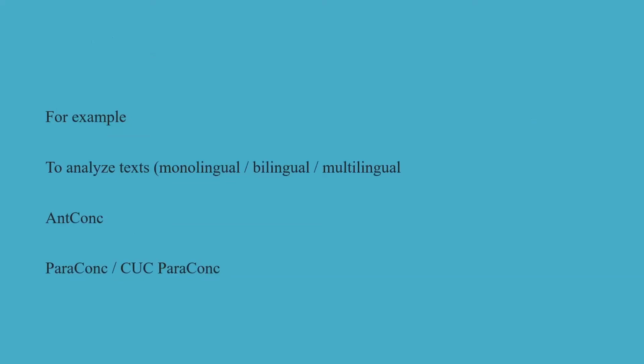For example, to analyze a text, we can use some tools. The tool that I recommend here is AntConc. It's free, easy, and user friendly. For example: I love you, but you don't love me. You love me, but I don't love you.